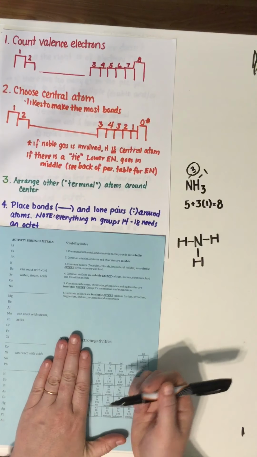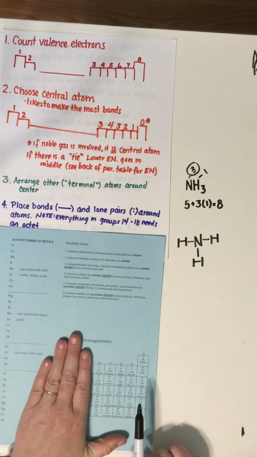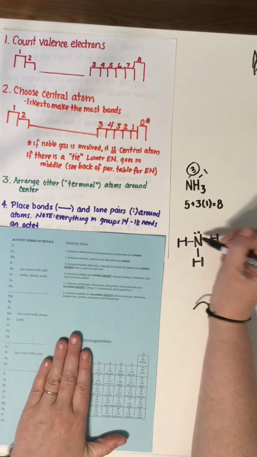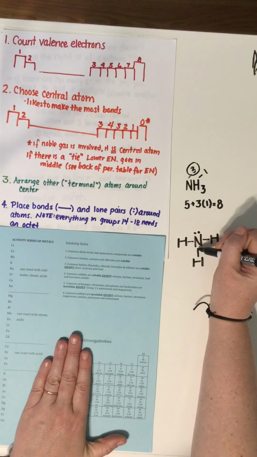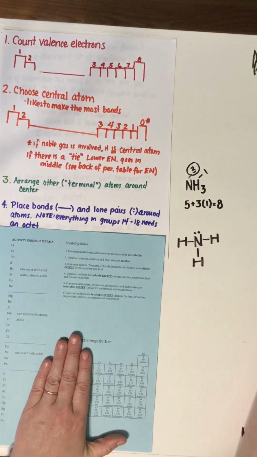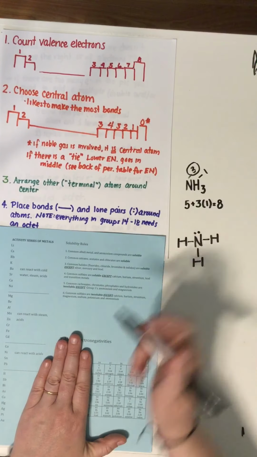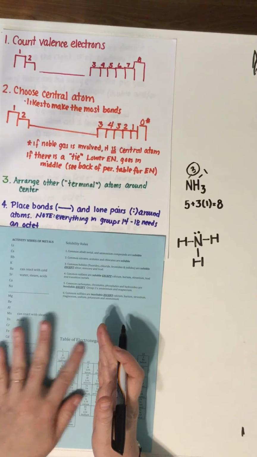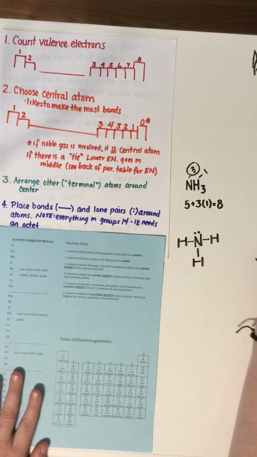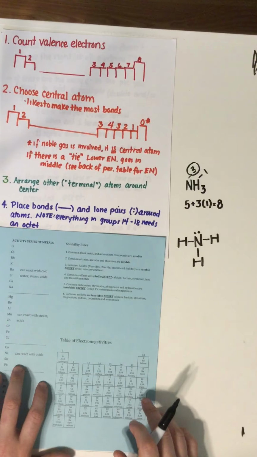We only put dots if it's from 14 through 18. So really, nitrogen's the only one that gets dots, and it gets dots because it didn't already have an octet. It only had 2, 4, 6, now it's got 7, 8 electrons. Hydrogen, because it's in group 1 through 13, is perfectly satisfied with whatever bonds it gets, so you never put dots around anything in groups 1 through 13.